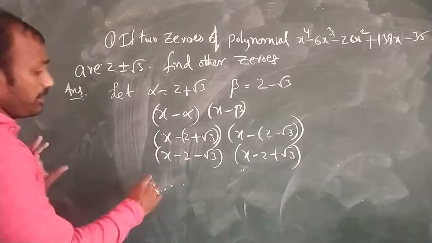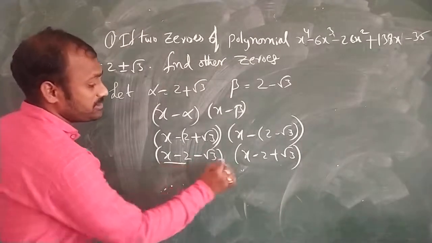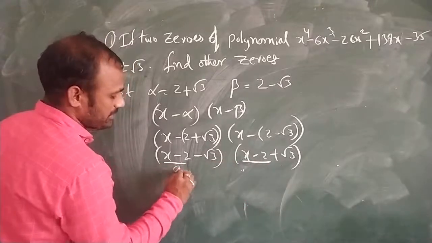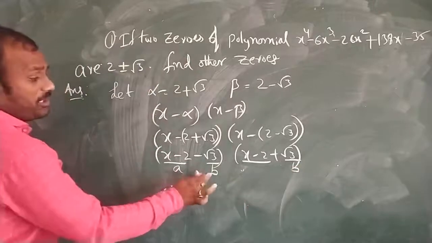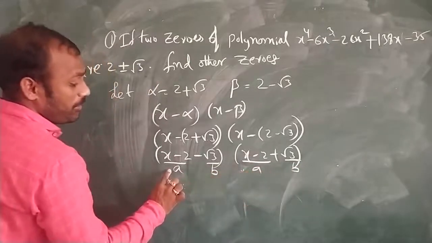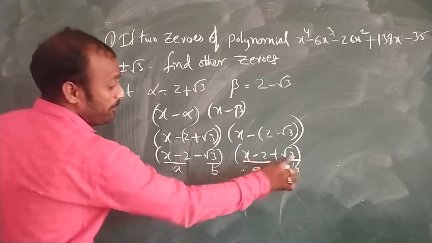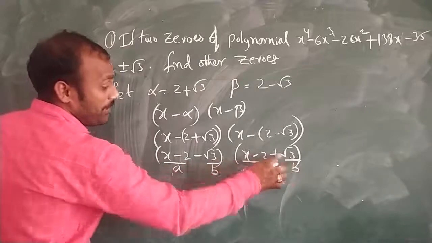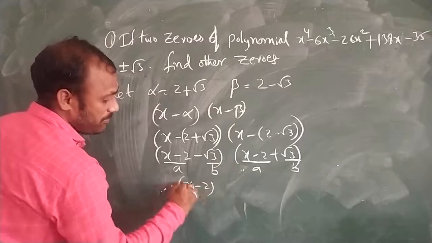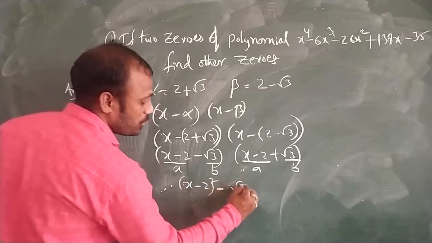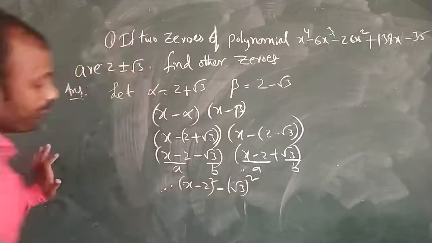Now observe carefully. Treat x minus 2 as A and the other term as B. This is in the form of A minus B into A plus B, which can be written as A square minus B square. So x minus 2 whole square minus root 3 whole square.